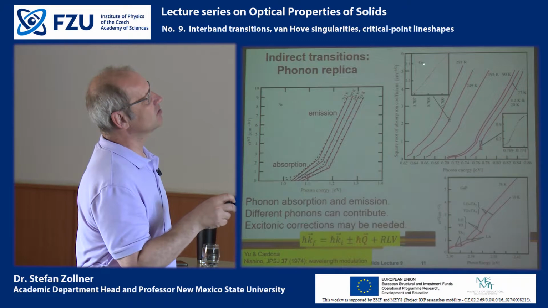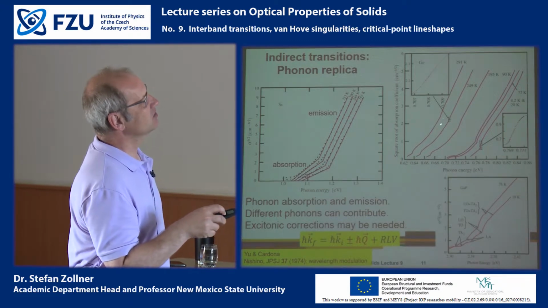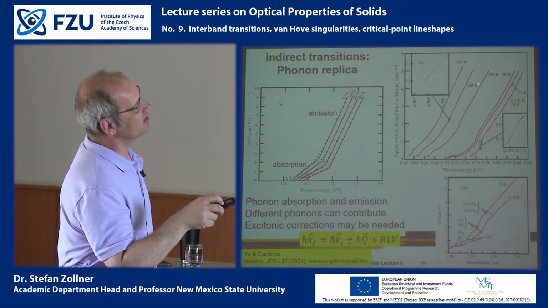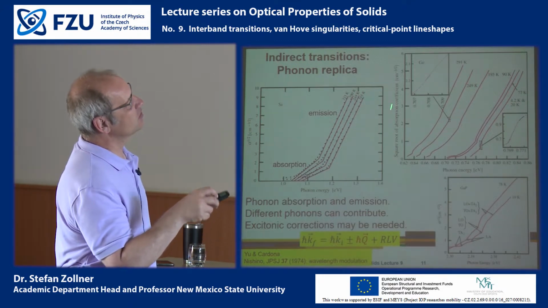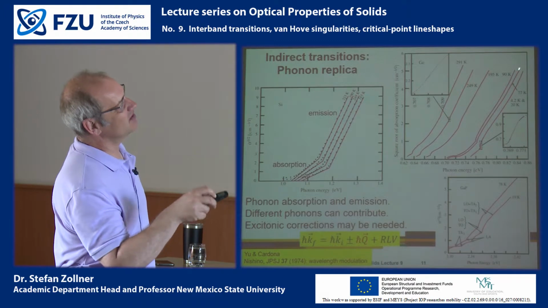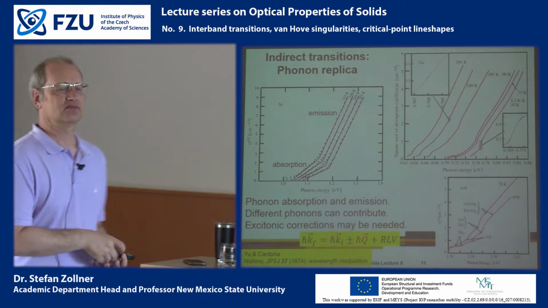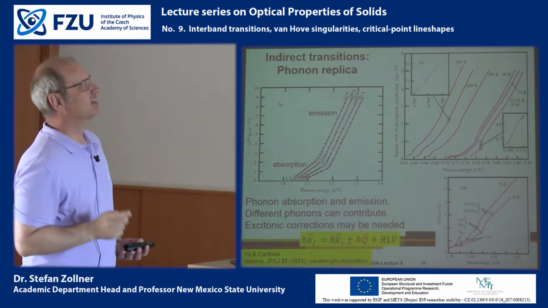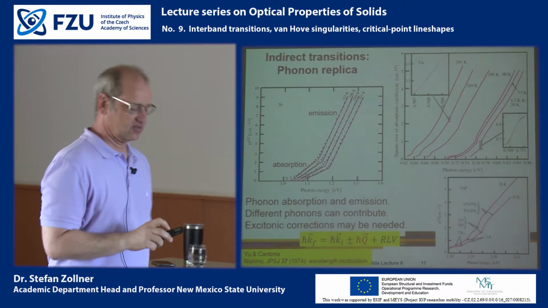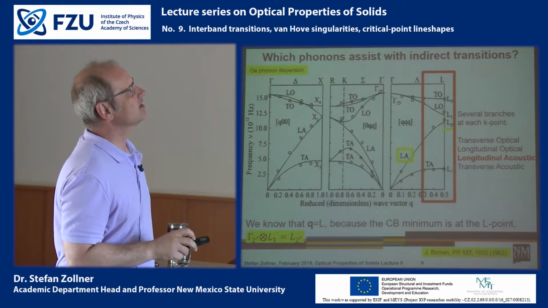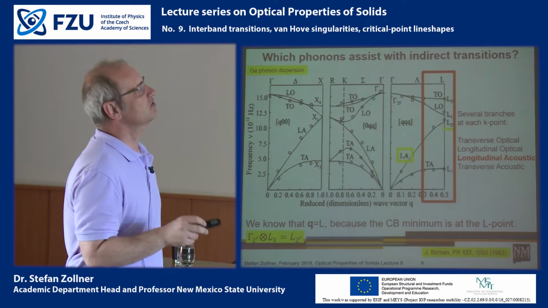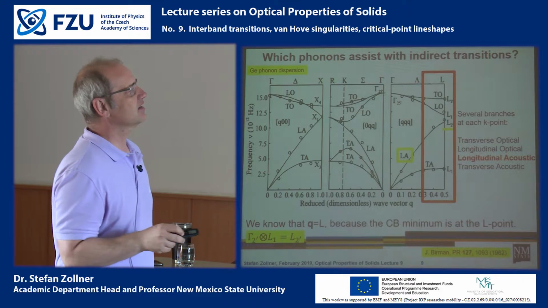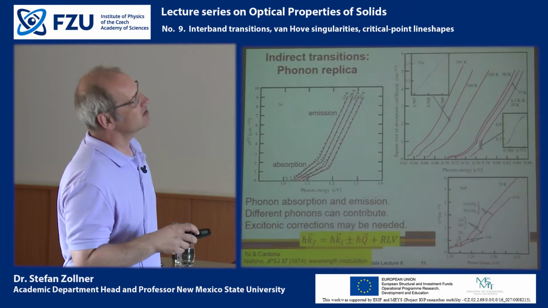Germanium is here on the right, and you see that the square root of the absorption coefficient is anything other than linear. And that has to do with the fact that there are several phonons that contribute to the indirect absorption process.